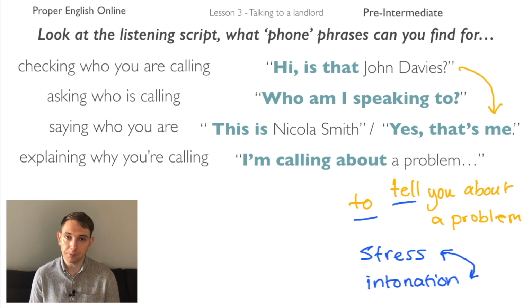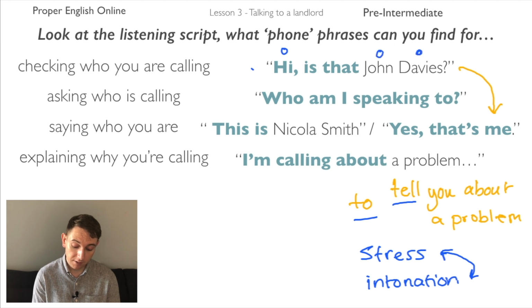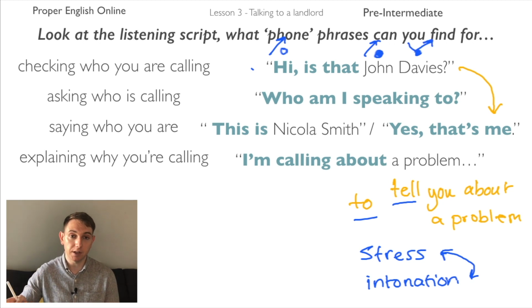Let's do one together. So stress in the first one up here. So, hi, is that John Davies? We're going to stress these two words here. So again, the intonation goes, hi, is that John Davies? Notice here we've got two syllables, Davies.